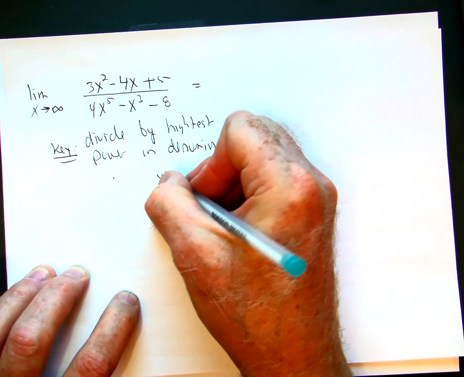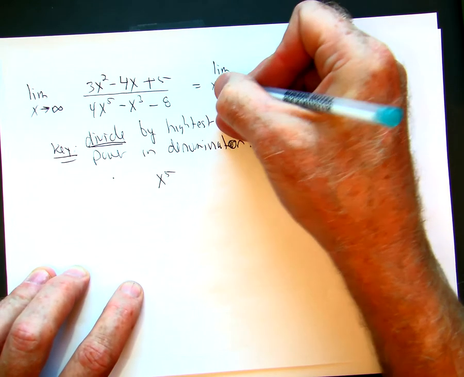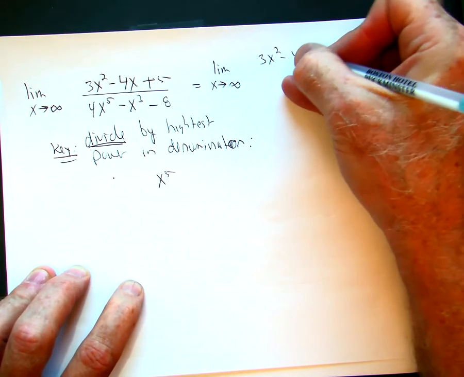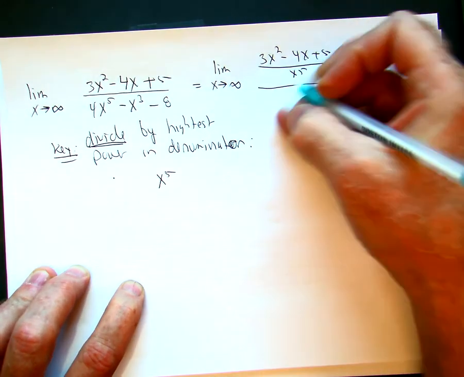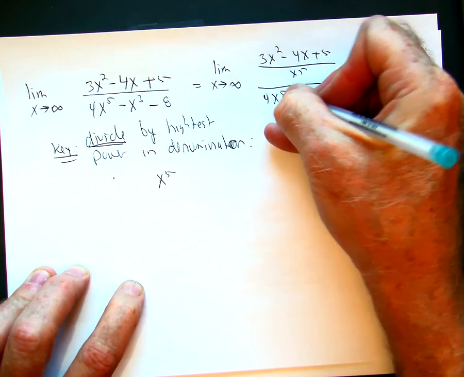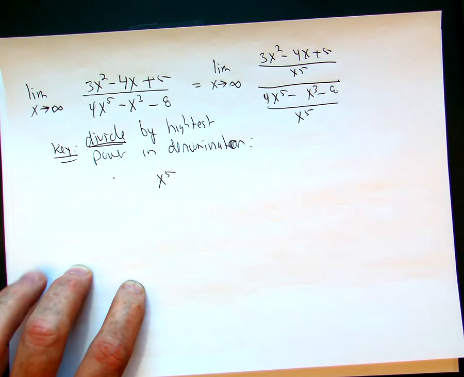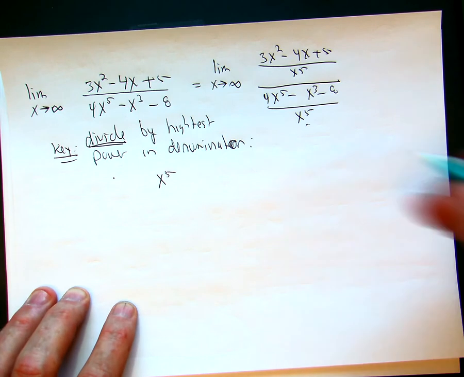So here that's going to be x to the 5th. So I'm going to divide everything by x to the 5th. So I do this. Take the top, divide it by x to the 5th. Take the bottom, divided by x to the 5th. So really what I'm doing, since I'm doing the same thing to the top and the bottom, I'm really just dividing by 1.